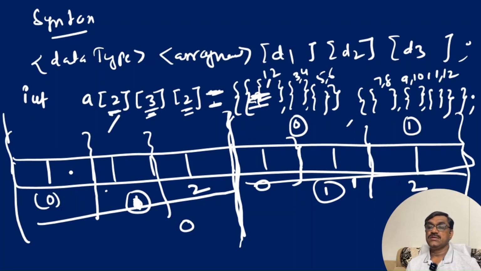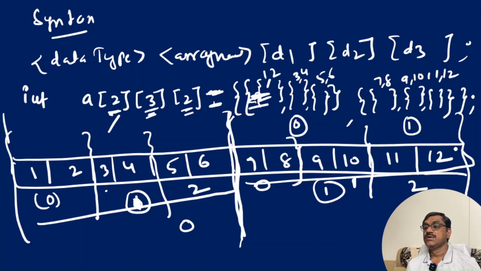Now each sub part is divided into how many elements? 2 elements. That means we write it as 1, 2, 3, 4, okay, 5, 6, 7, 8, 9, 10, 11, 12. So here, first, how to refer these elements? See here, this entire block comes under 0th block. Okay, this is 0th block.